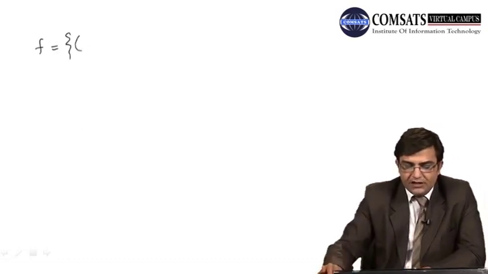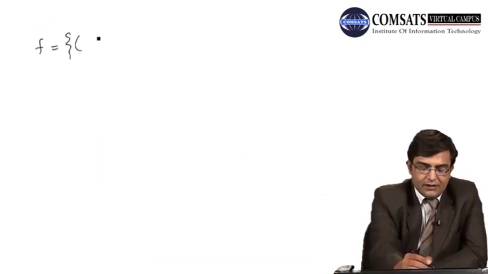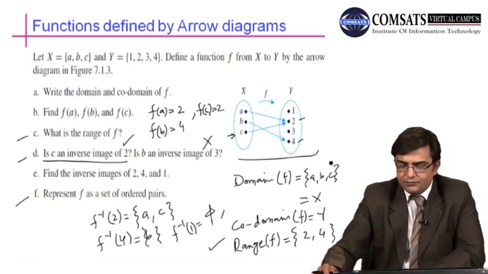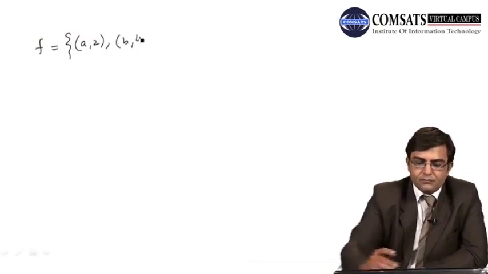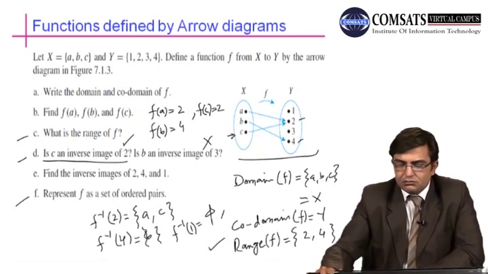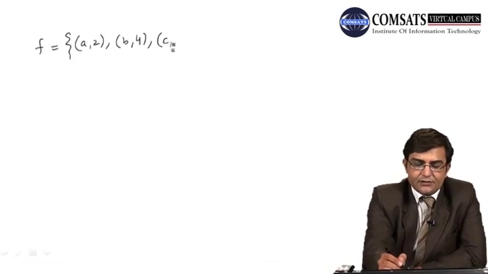In f, a is related to 2, so there must be an ordered pair (a, 2). B is related to 4, so b will come here with 4, (b, 4). Again c is related to 2, so here we can write (c, 2).